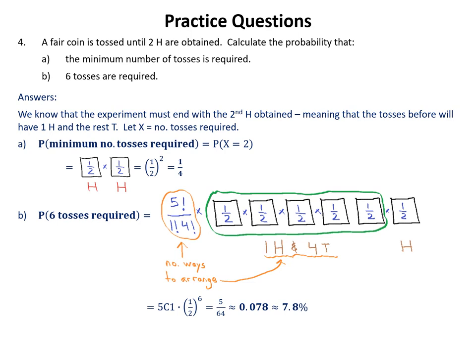Or if we called it 5 choose 4, which we could, that would be the number of ways of deciding where the 4 tails go. So we'll go with 5 choose 1. So the final expression for this answer is 5 choose 1 times (1/2)^6, which works out to be 5/64, which rounds to 0.078 or 7.8%.